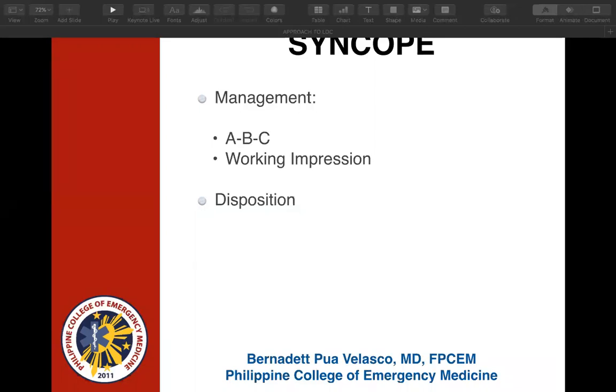Okay, and then hospitalization is required for patients with unexplained shortness of breath, history of congestive heart failure, and usually those elderly patients that experience a first-time syncopal attack with uncontrolled comorbids. You need to hospitalize those patients, and those having cardiac dysrhythmia, of course, you need to hospitalize or admit.